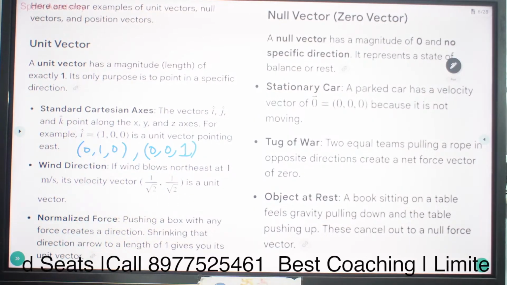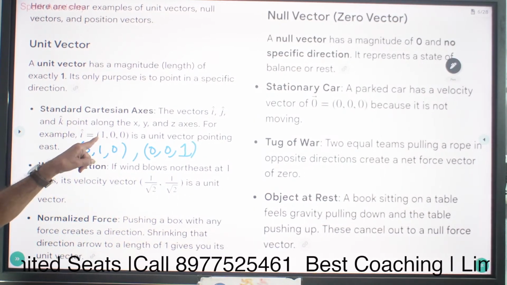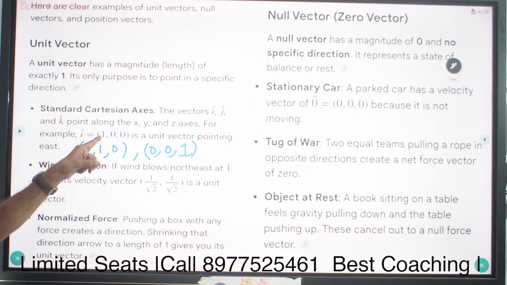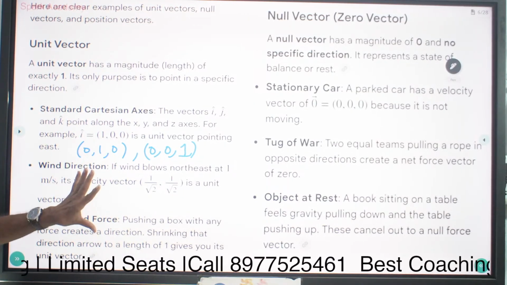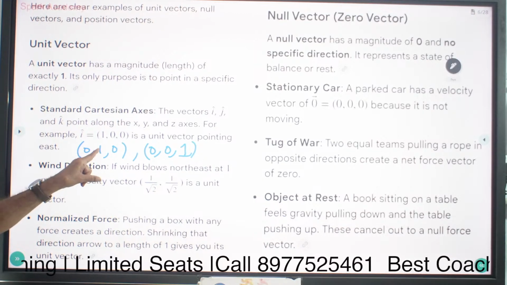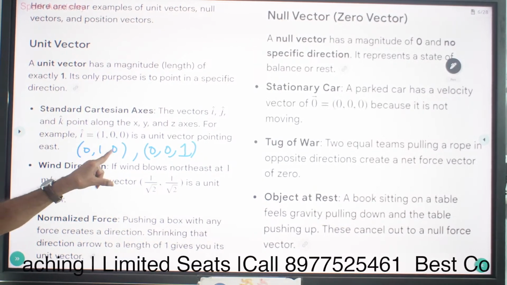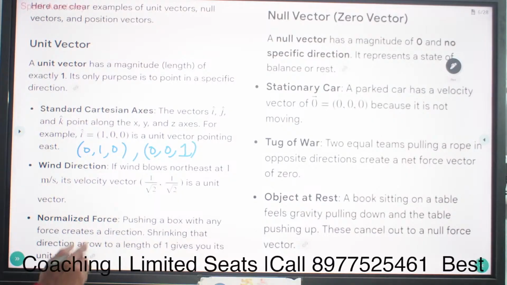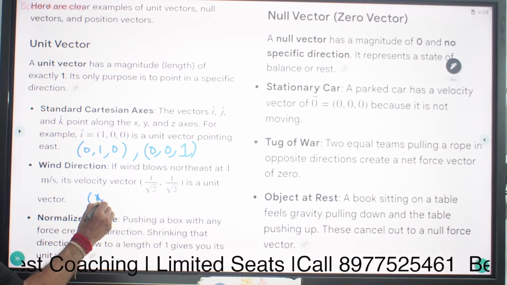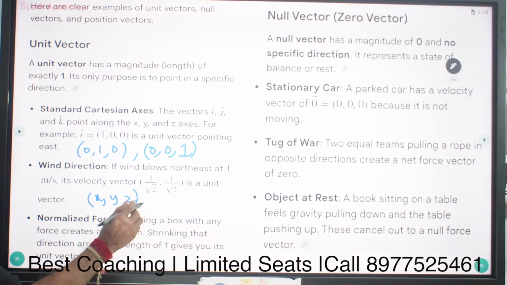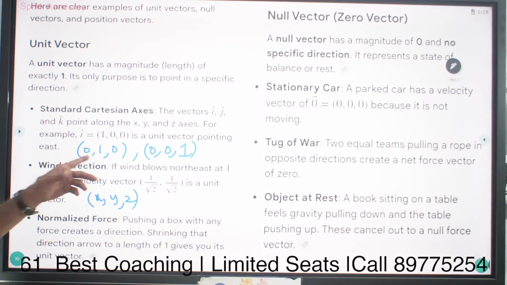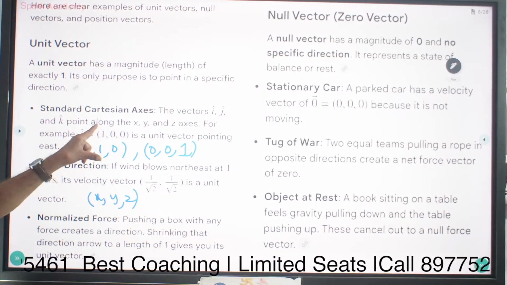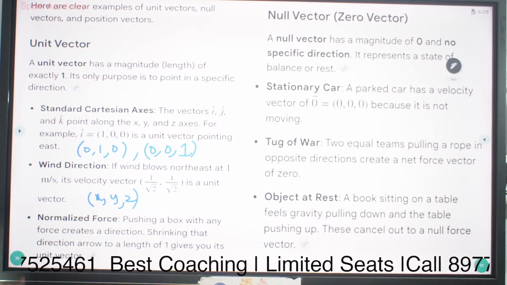Here in the x direction you have to go 1 unit, y and z 0. Similarly here the y direction 1 unit, x and z 0. This is nothing but your x comma y comma z. So this can be an example of a unit vector.